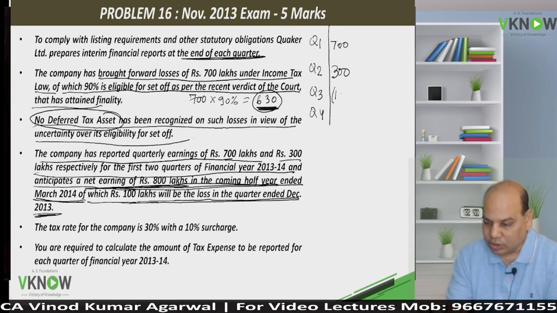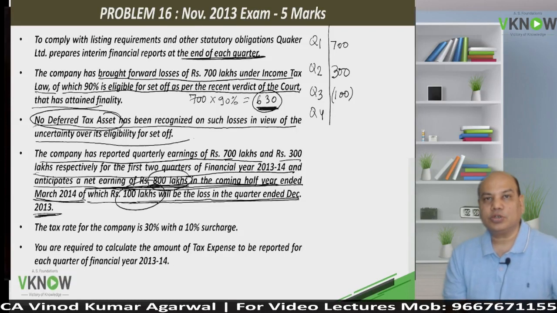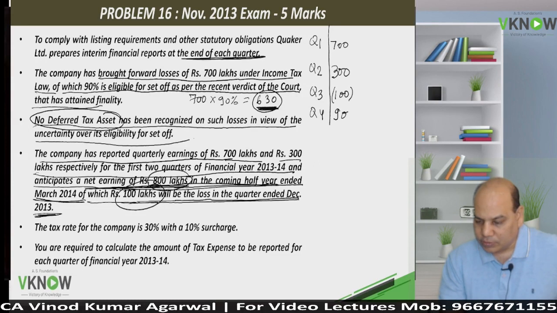So third quarter will have a loss of 100, and third and fourth quarter together will have a net profit of 800, which means the income of the fourth quarter will be 900.